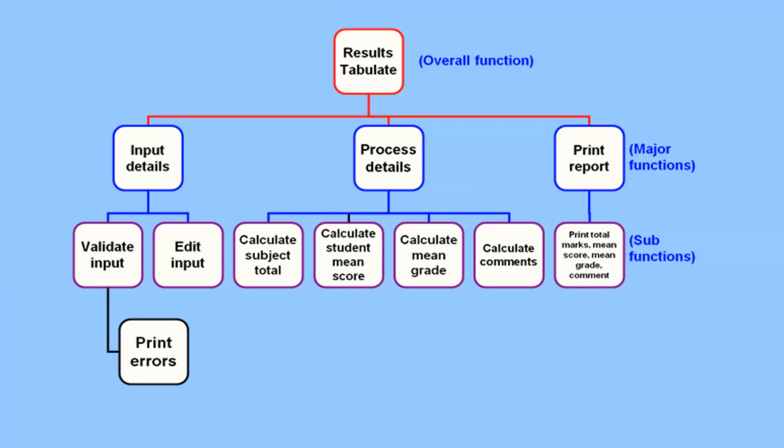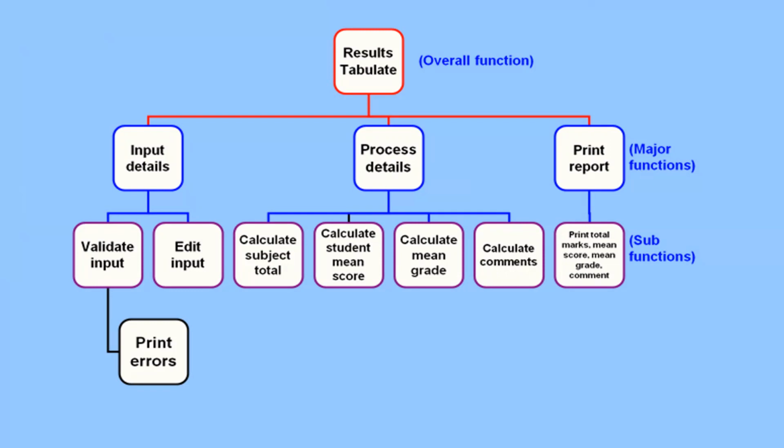Then this function is broken down into three major functions or modules. One for inputting details, which I am calling input details. The next is to process what has been entered, so process details. And then we display or give out the results through the function that I'm calling print report.